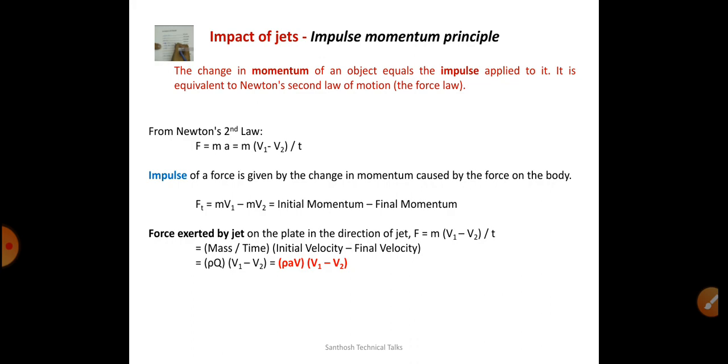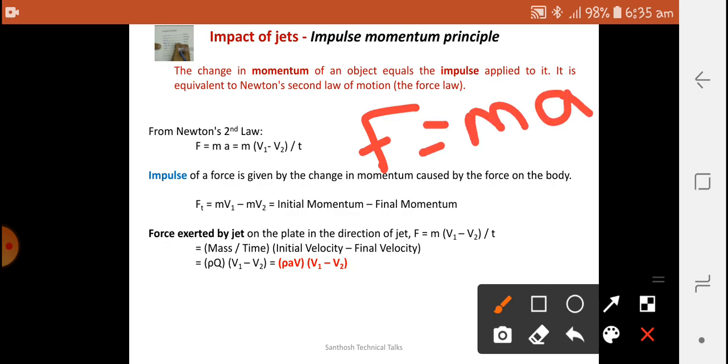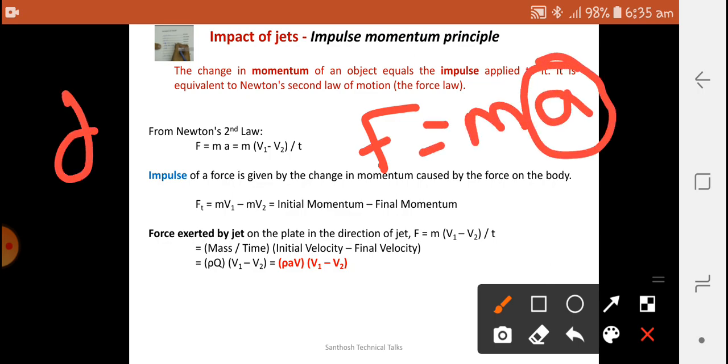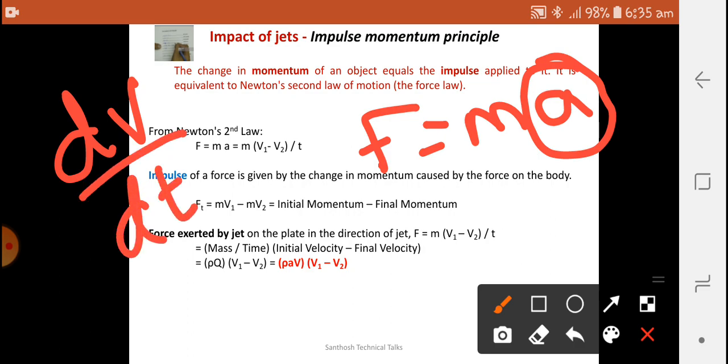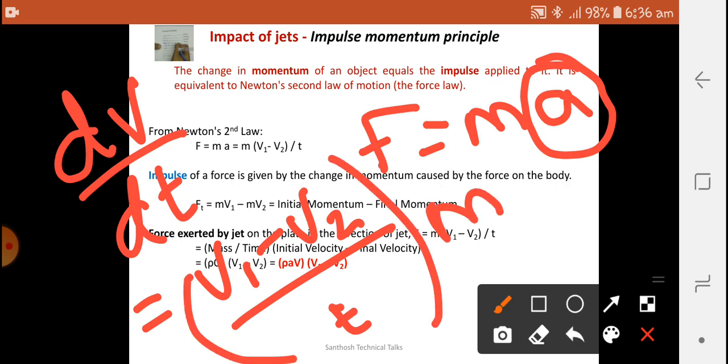It states clearly that F is equal to m into a. We know that acceleration is dv by dt, therefore that is (v1 minus v2) divided by t, the time change. So with this equation, the impulse of the force is given by the change in momentum caused by the force on the body.